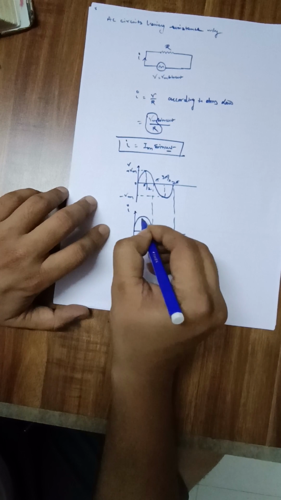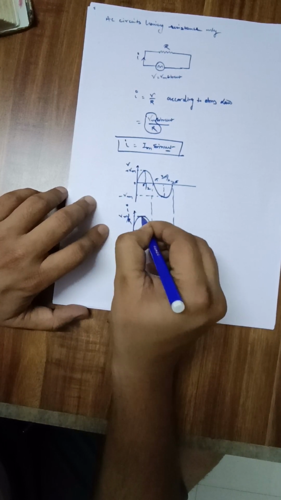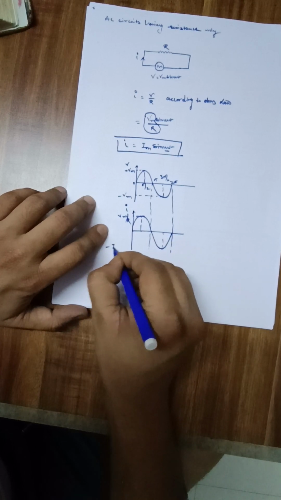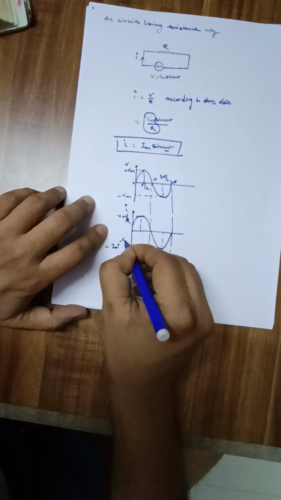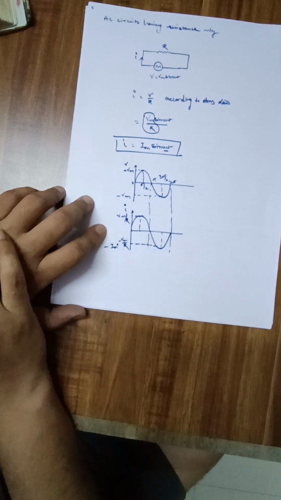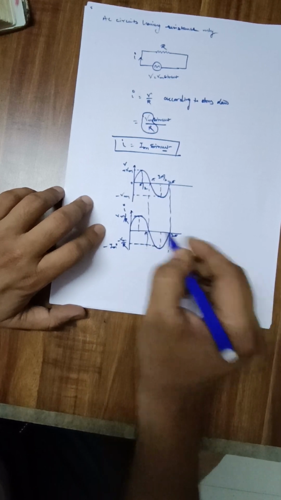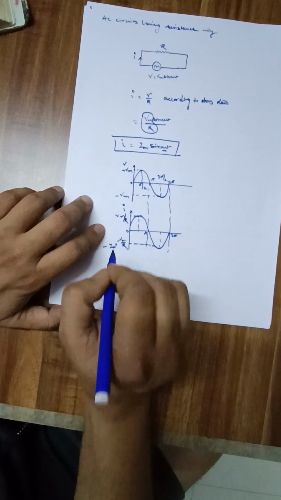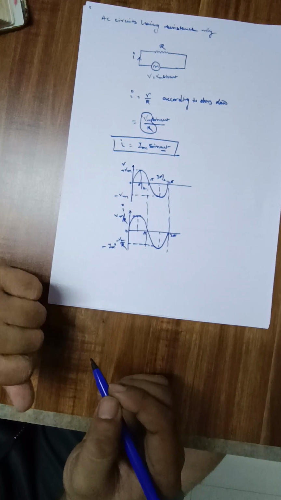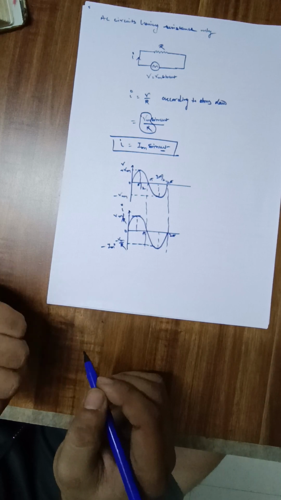This is your current, and magnitude will be Vm by R. This is Im. Similarly, this is minus Im equal to minus Vm by R. Clear? So in this way, you can draw the waveform for both voltage and current. Here we can see both are in the same phase. So in a resistive circuit, voltage and current remain in the same phase.